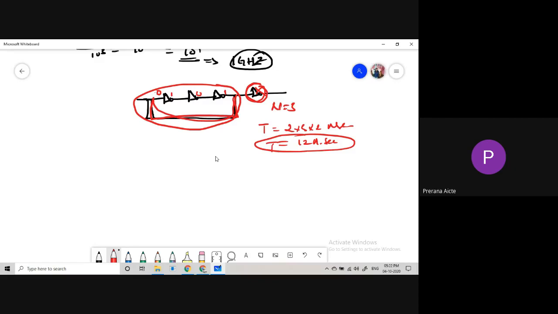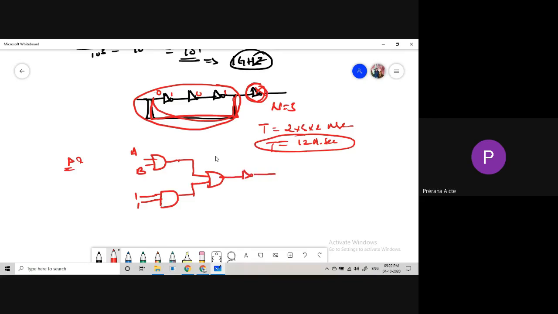Next problem. What is the output of the following figure? Here the inputs are A, B, and then we are taking 1, 1. These two are given to one OR gate, and then we are applying one NOT gate.